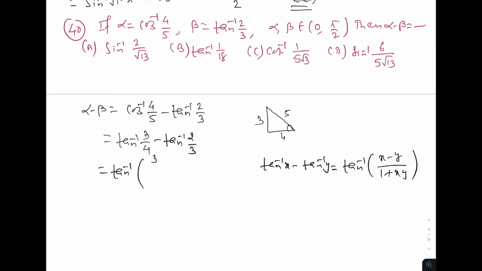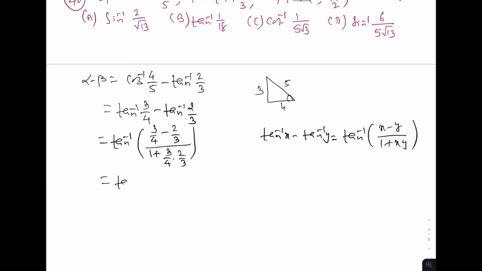So this is tan inverse of 3 by 4 minus 2 by 3 upon 1 plus 3 by 4 into 2 by 3. So this is equal to tan inverse, this is 9 minus 8 over 12 plus 6. So this is equal to tan inverse 1 upon 18. So this is the option B, tan inverse 1 by 18.